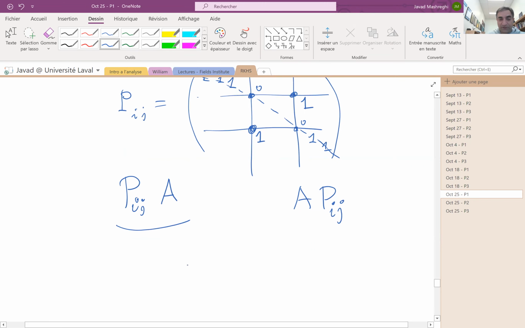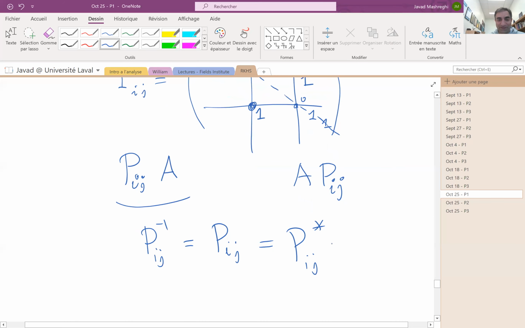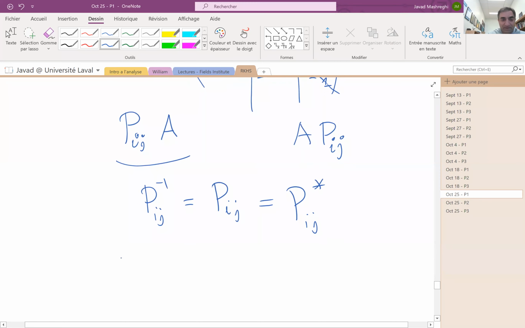And another thing to notice is that Pij inverse is the same as Pij, and of course is equal to Pij star, it is self-adjoint. And the final thing we need here is that A is bigger than or equal to 0 if and only if Pij A Pij is positive.